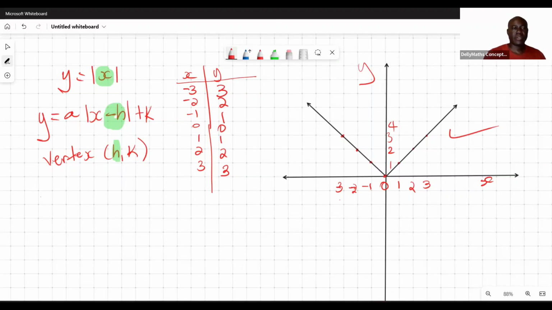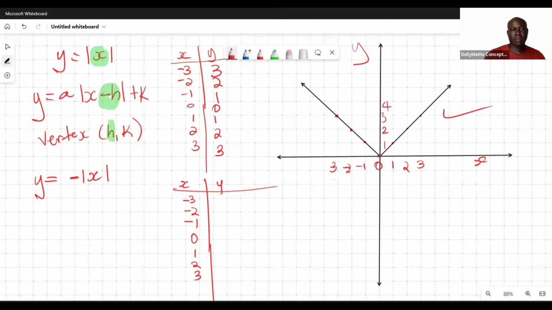And what we want to look at is what happens if I have a negative in front of the absolute value sign. We're going to run a table quickly and see what we get. If I substitute values here, I'm going to get a positive response because the absolute value of all numbers is positive.